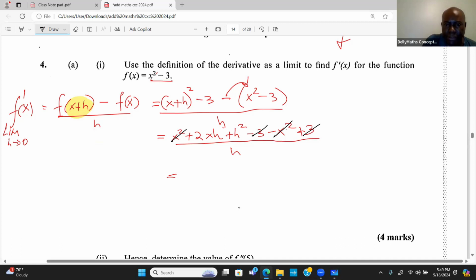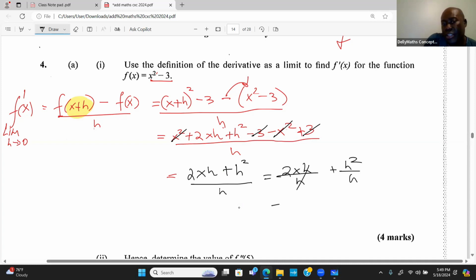What we really have left at this moment is 2xh plus h squared, right, over h. What this really means is 2xh over h plus h squared over h. That's what we really have.